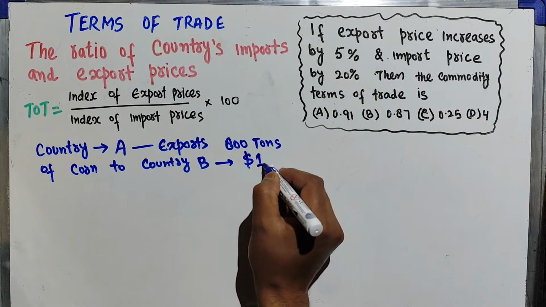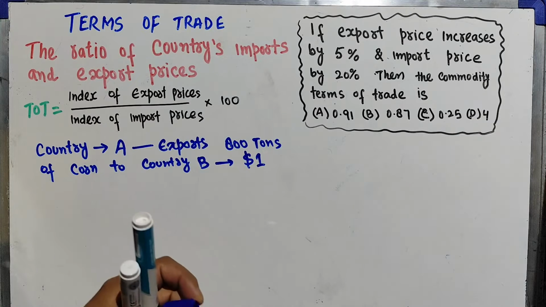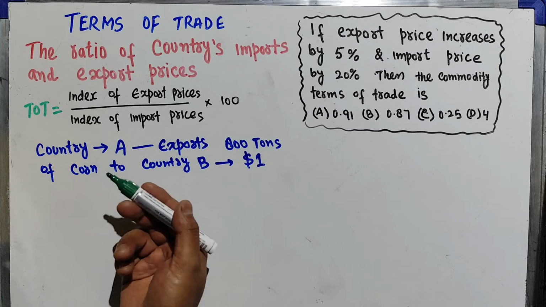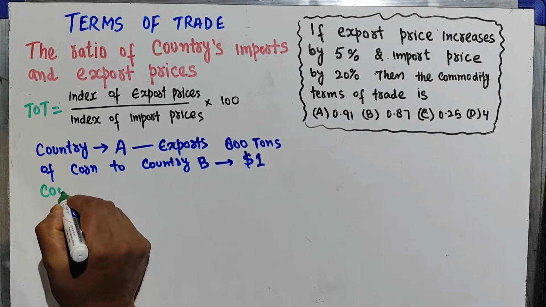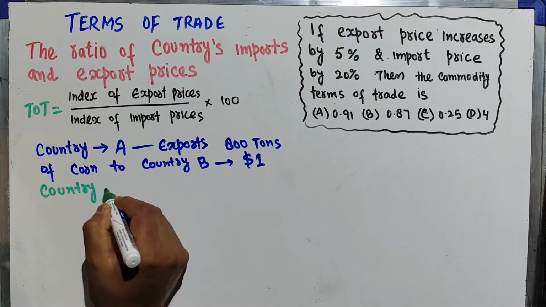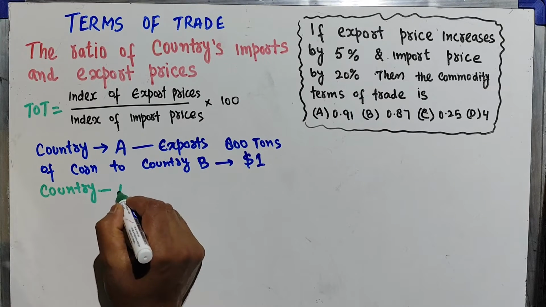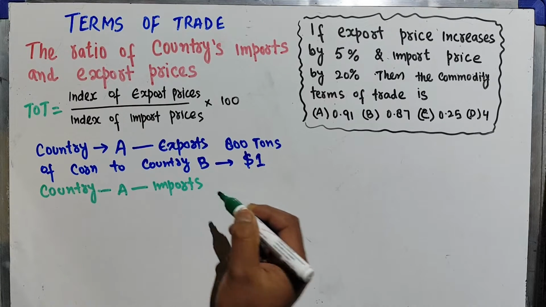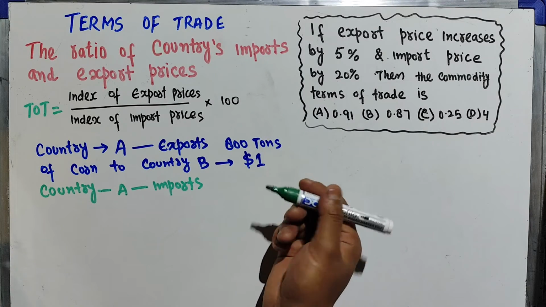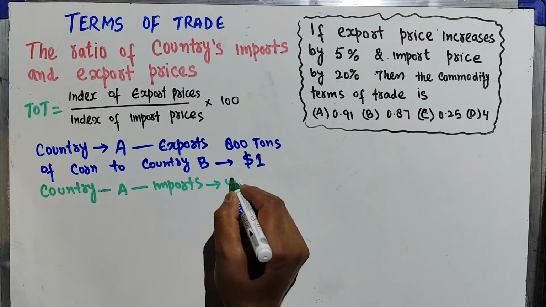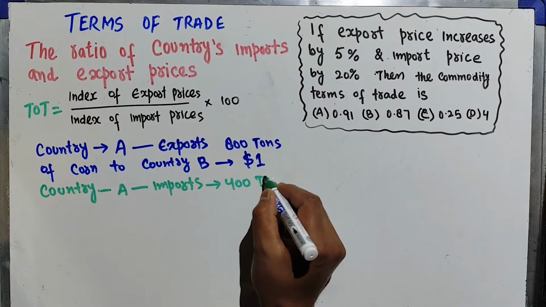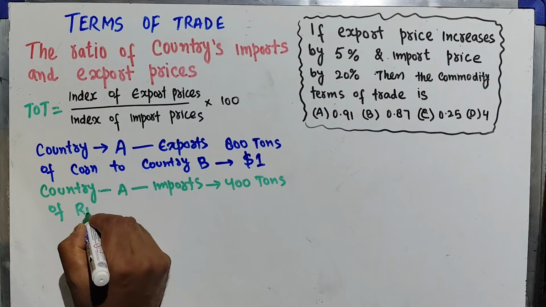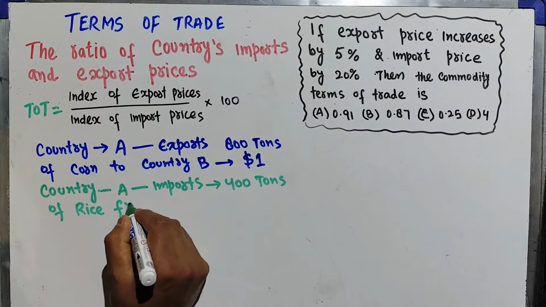Let's assume again that country A imports, let us say, 400 tons of rice from country B.